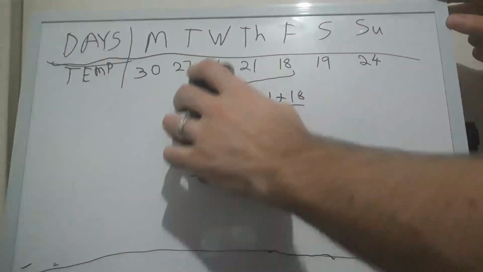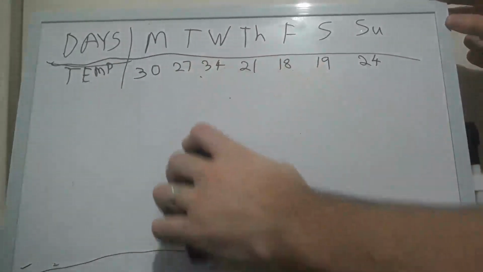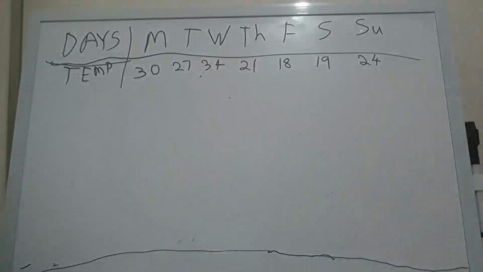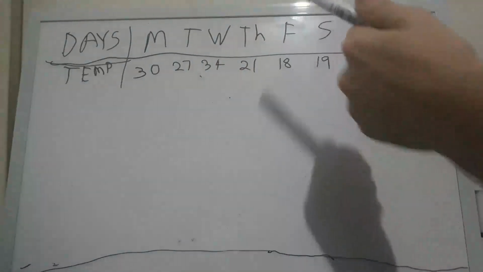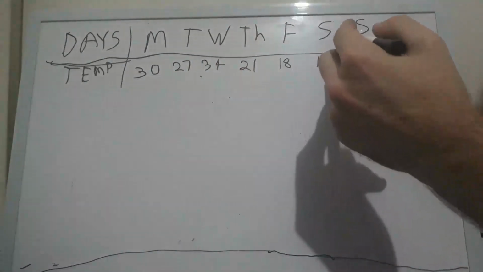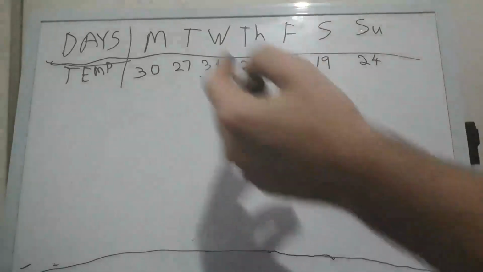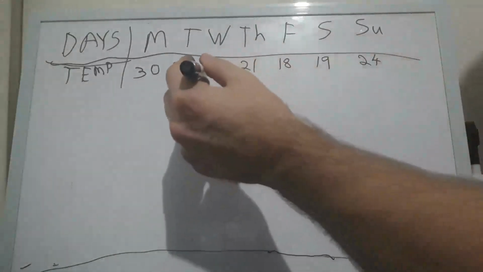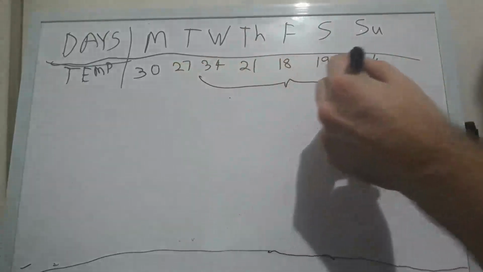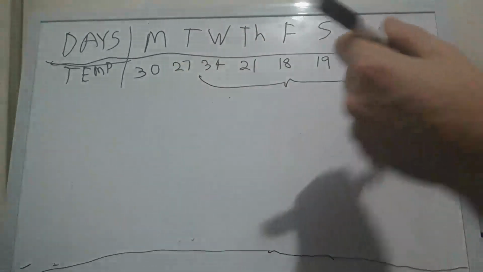Your 5 mean average is calculated very similarly. Say you want the 5 mean average for Friday. We need 5 data points with Friday right in the middle: Wednesday, Thursday, Friday, Saturday and Sunday.